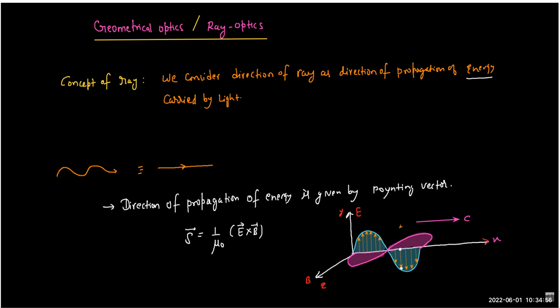So the electric field is oscillating, and the magnetic field in a different plane.